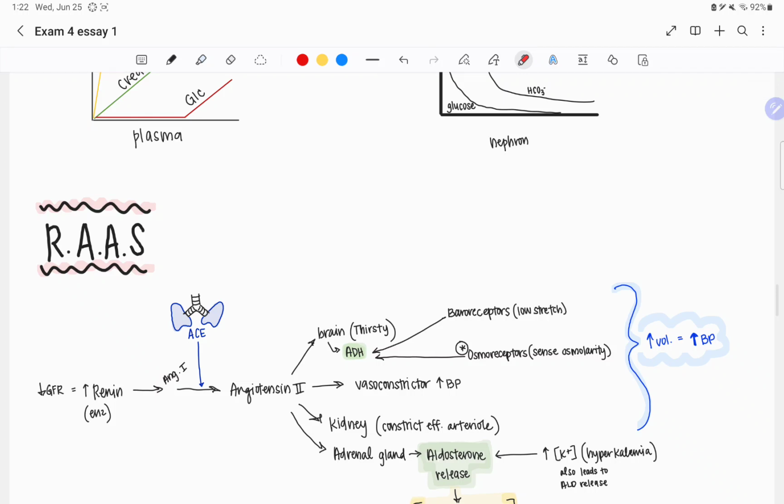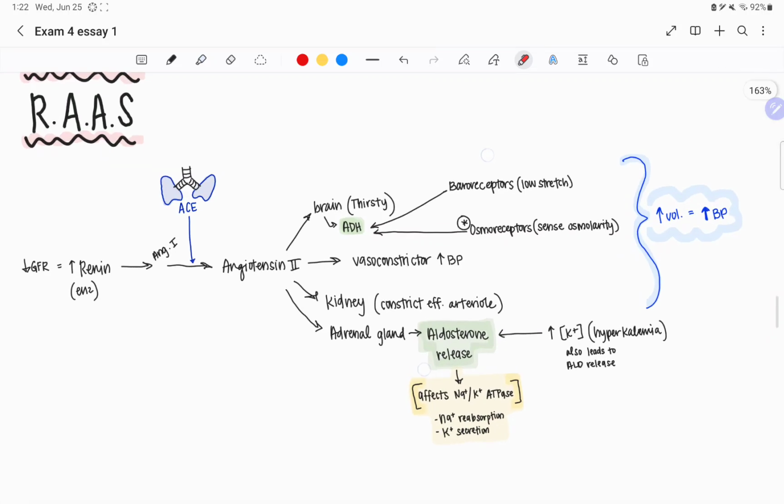Next, we're going to talk about the RAS system. Now, if we sense a low GFR, it's usually sensed by our macula densa, because if we have low blood pressure, there's less filtrate happening, so less sodium and less chloride. Macula densa senses that and sends out a message for help, right?